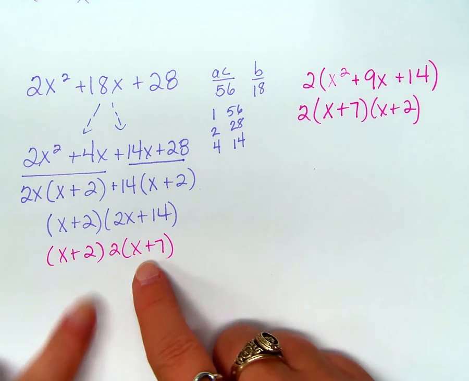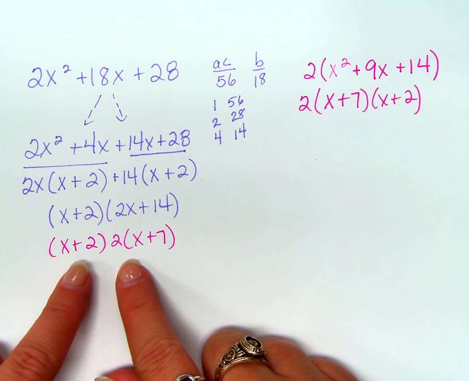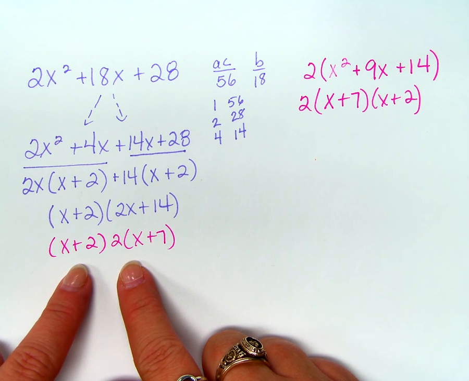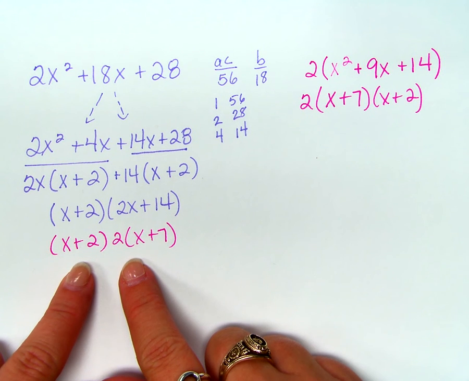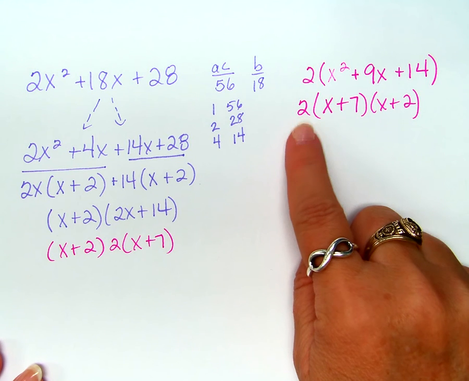Okay? Now, do you have any problem with this answer right here? Some people earlier had a problem with it. What was the problem that they had? Where the 2 was. Okay? Where do we usually write the 2? Traditionally, where do mathematicians write the 2? They write it in the front like this. Okay?